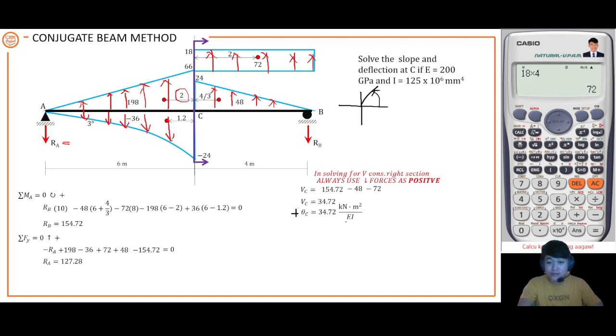So we now have the slope at C. This value is in kilonewton meter squared over EI. So meaning you are going to substitute the value of EI. If you are going to convert this into kilonewton square meter, the gigapascal should be converted first. So let's convert first the value of this EI into kilonewton square meter.